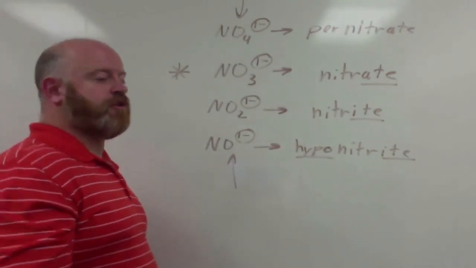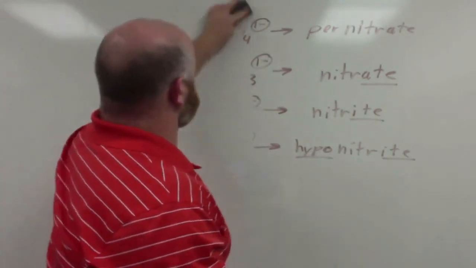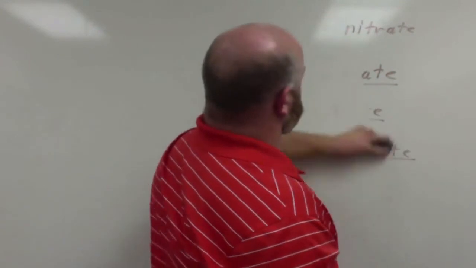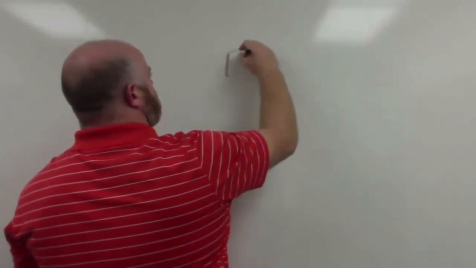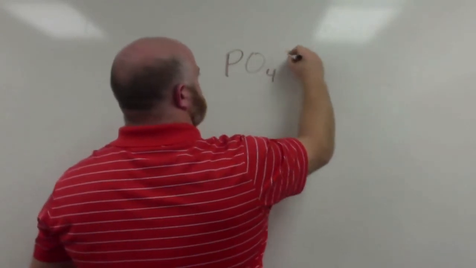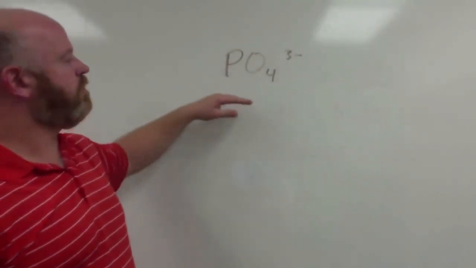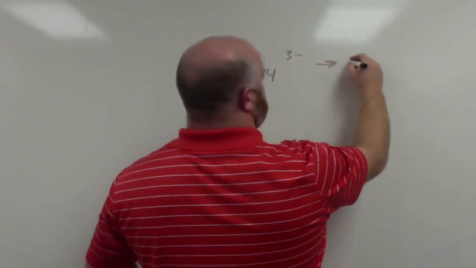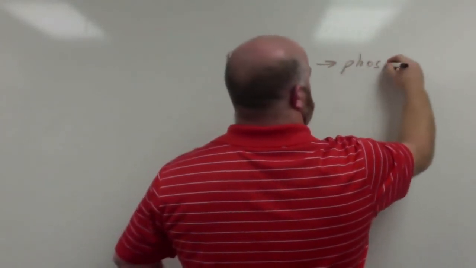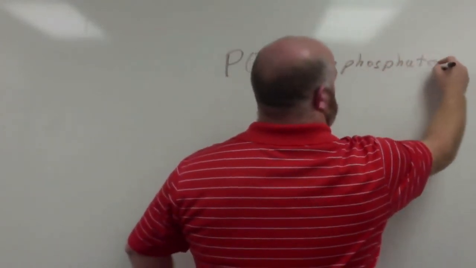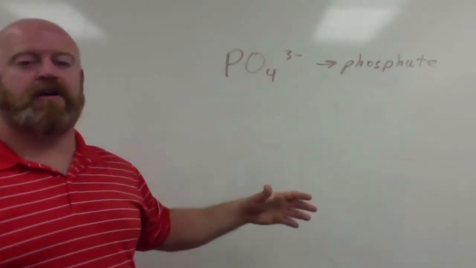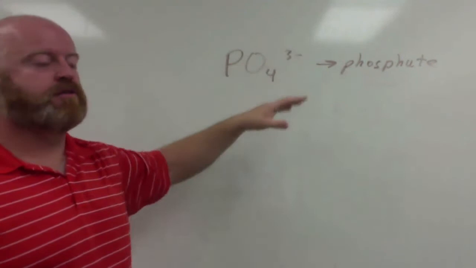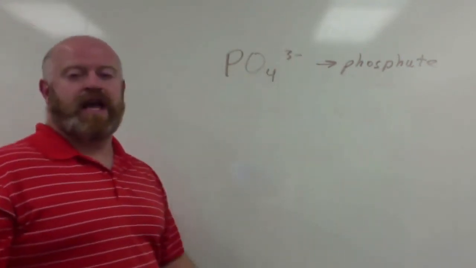However, you can get the charge to change. Let's say we start with phosphate. Okay? So we have PO4, -3, which is phosphate. If we want to have a reduced charge on this, what we do is we add hydrogen.